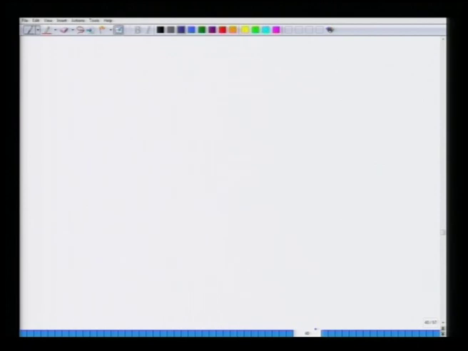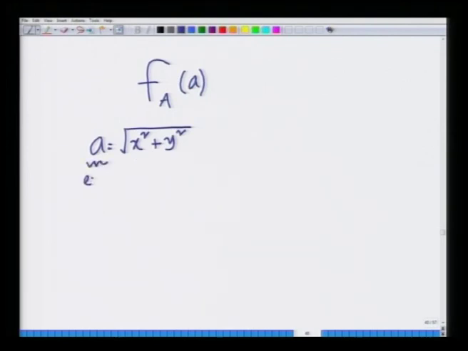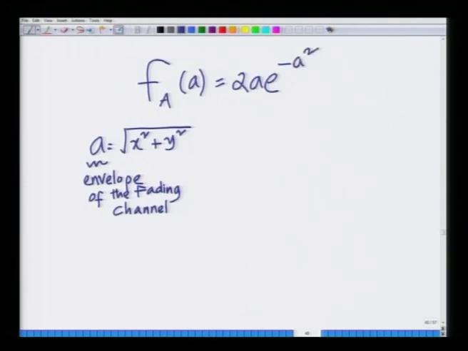All right. So, the marginal distribution of a, the amplitude of the fading wireless channel, also known as the envelope of the wireless channel, because look at this, a is nothing but the square root of x square plus y square, where x is the real part and y is the imaginary part, hence a is also known as the envelope of the fading channel, and we have seen that f of a is simply 2a times e power minus a square.